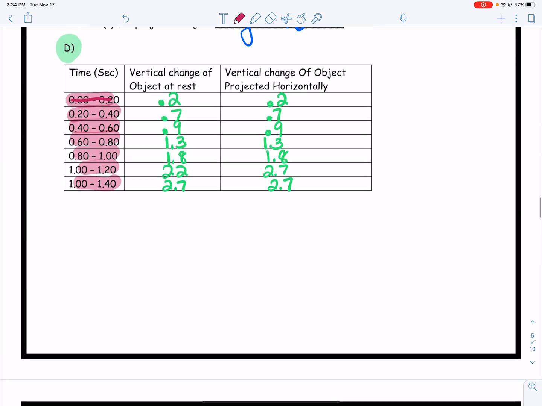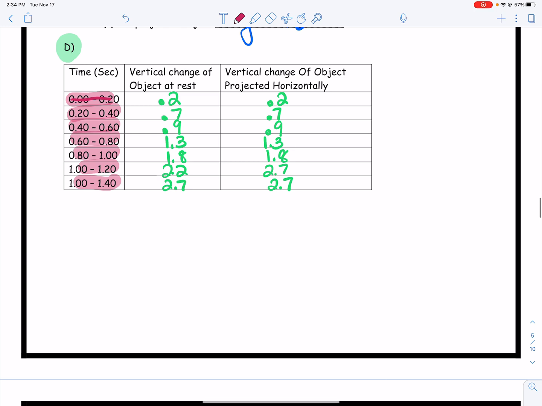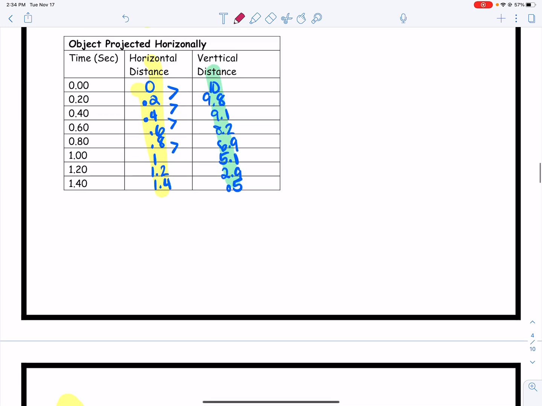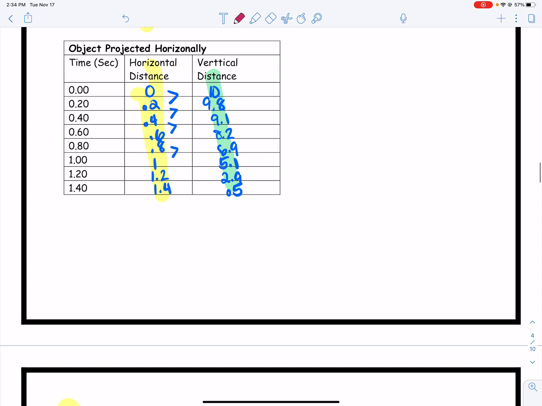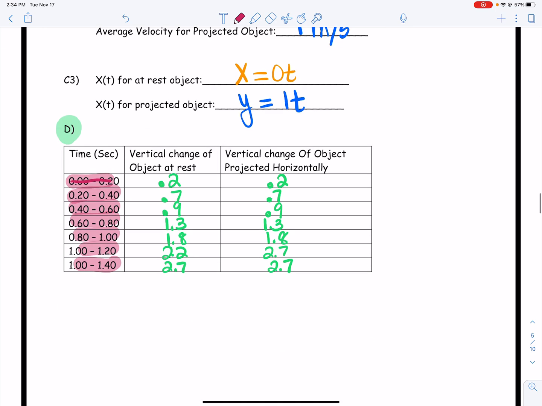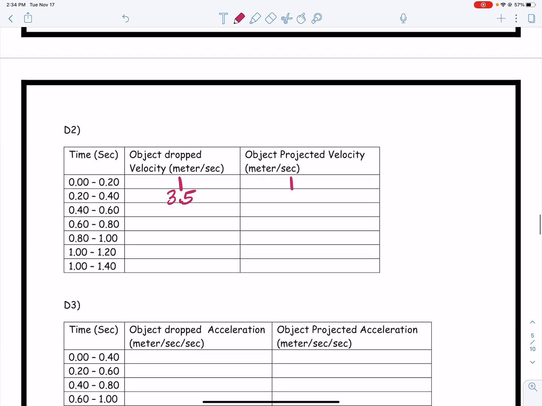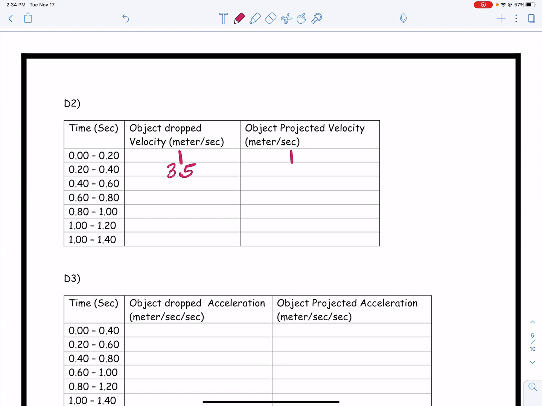And then my next one, I feel like I did that one wrong. Let's look. So this was 0.2, this was 0.7. Oh, yeah, that was 0.9. That's right. Okay. So 0.9 divided by 0.2 is 4.5.